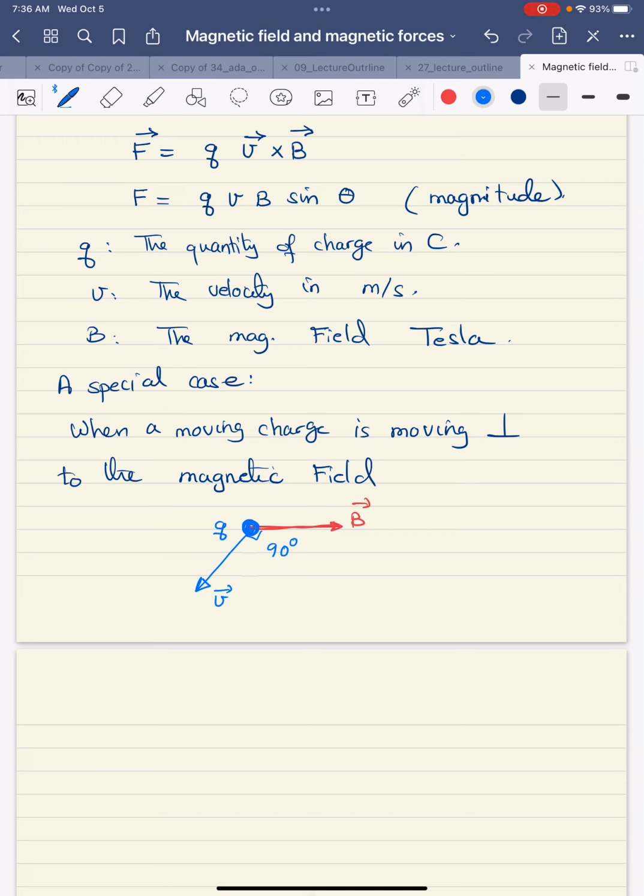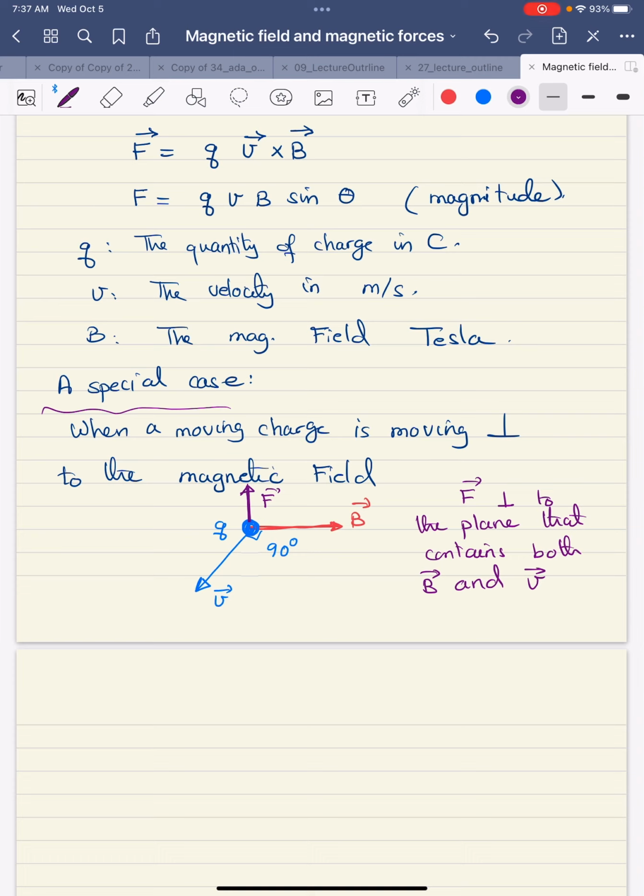And we will find that the force, okay, this is always the direction of the force, is going to be here, perpendicular to the plane. Then F is going to be perpendicular to the plane that contains both B and V. Now, here when I said it's a special case, it's a special case that sine theta is going to be 1.